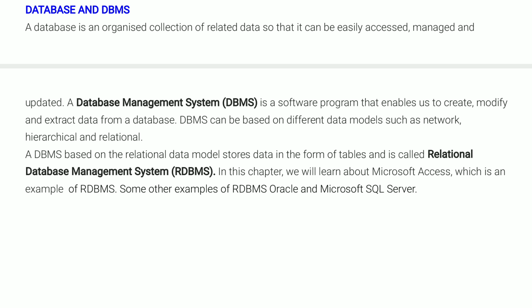The name is related to the roll number, the name is related to the particular student's name, father's name, mother's name. All these information are related to each other, so this can be called interrelated data. So the database is an organized collection of interrelated data so that it can be easily accessed, managed and updated.